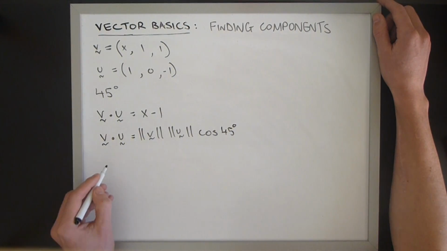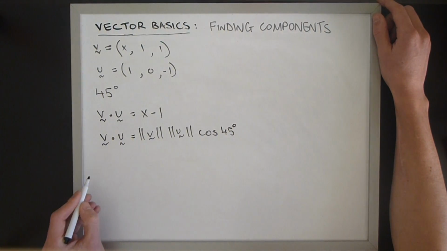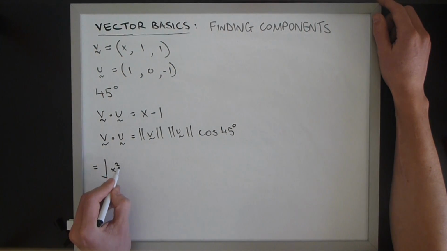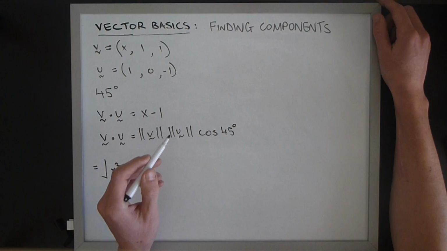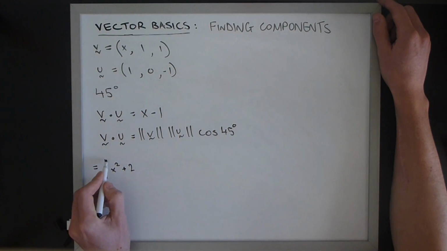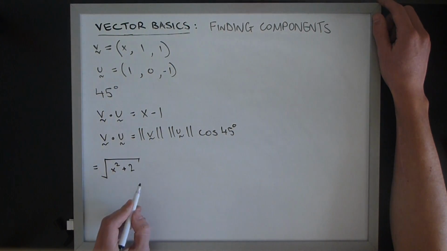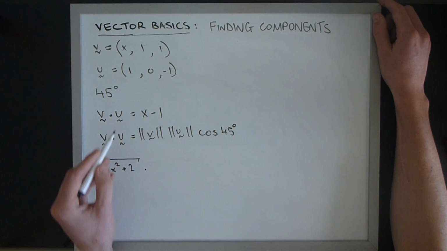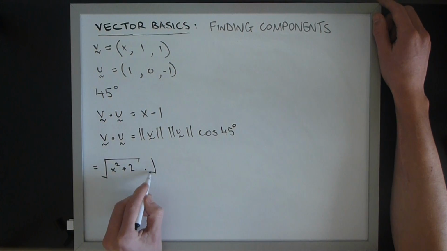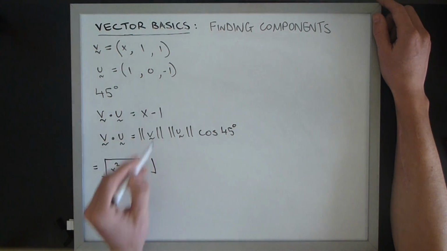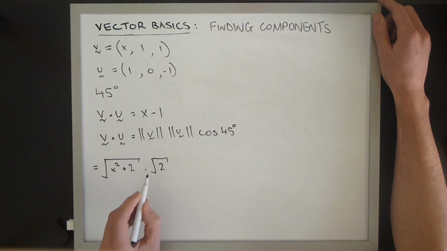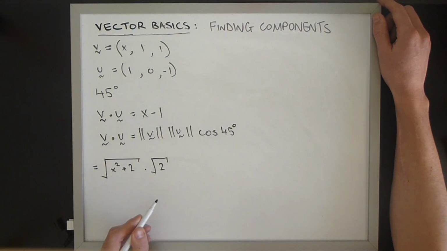Now in this case we have the magnitude of v being the square root of x squared plus 1 squared plus 1 squared, which is x squared plus 2, times the magnitude of u, which is the square root of 1 and 1, which is the square root of 2, times the cosine of 45.